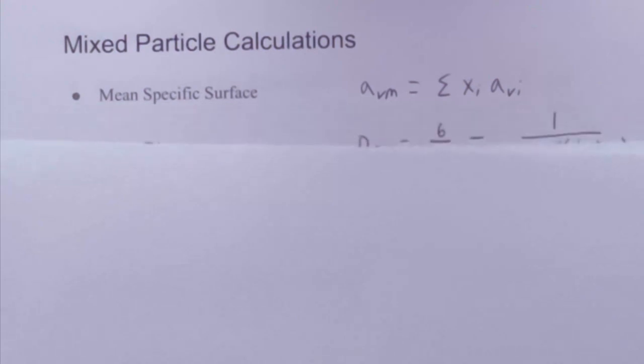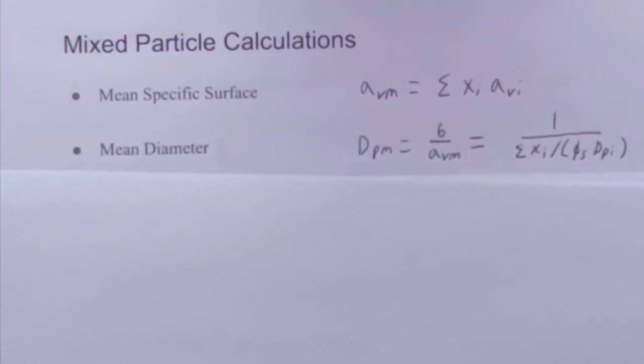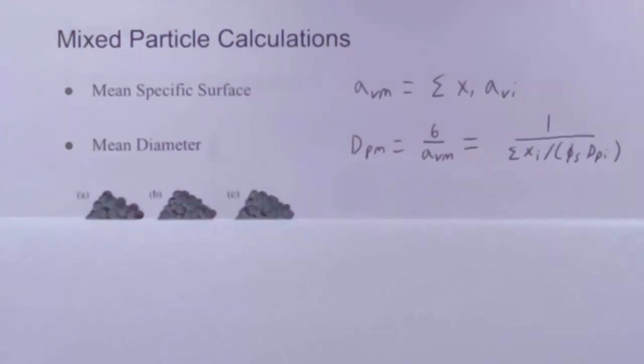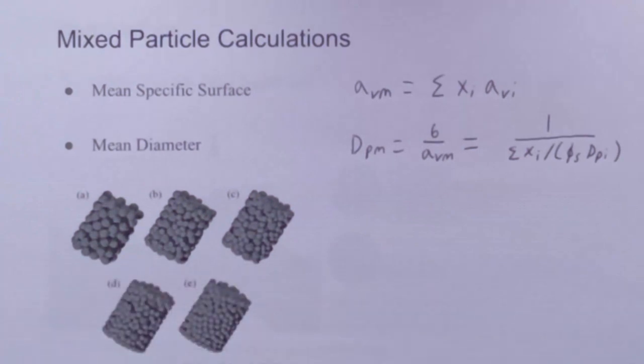Additionally, we can calculate the mean diameter d_pm as 6 over the specific surface area, which can also be written in terms of the sphericity shape factor. As you can see in the packed bed below, there are two different sized particles, one larger particle and one smaller particle, as well as mixtures between the two.